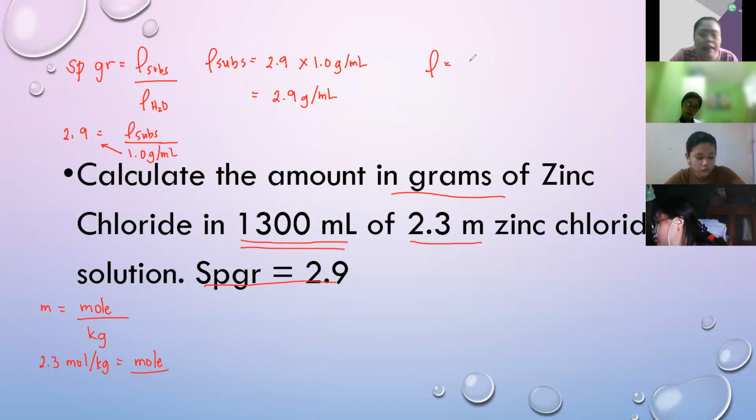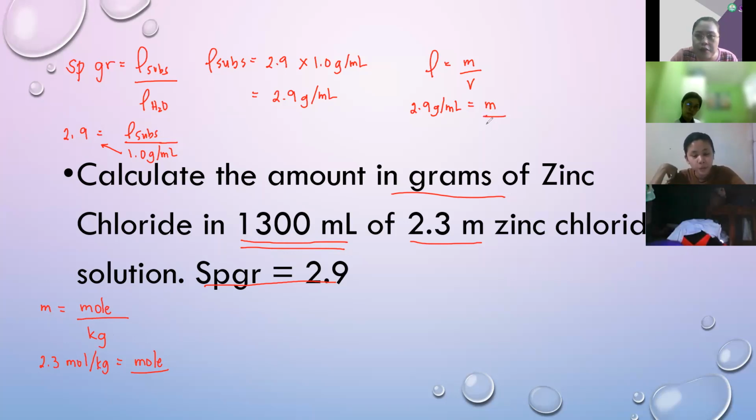So do not forget our formula for density. Density is equal to mass over volume. The density we computed is 2.9 grams per ml. We are looking for the mass. Remember, our goal is to convert 1,300 ml to kilograms.